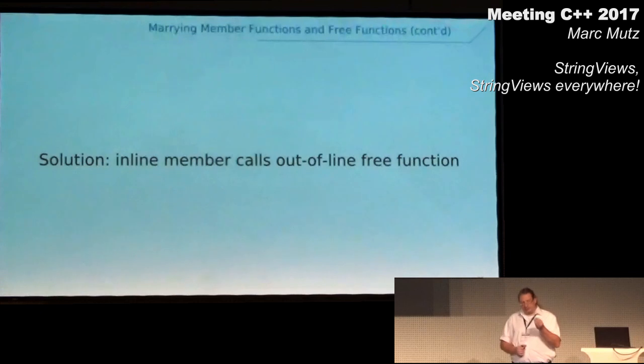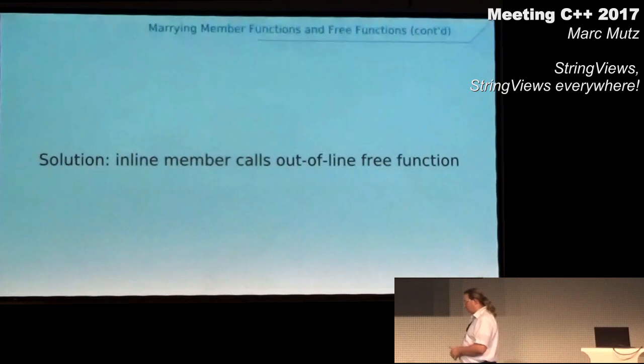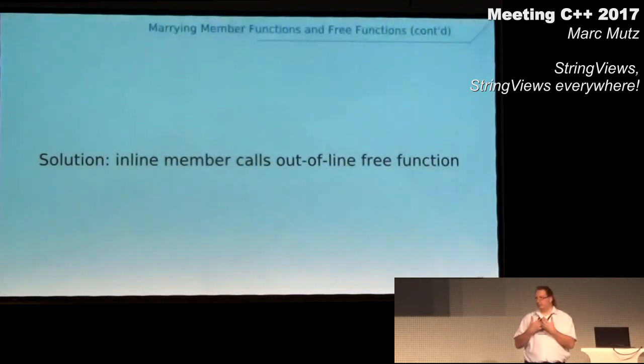So the solution is to inline the member calls. The inline member function calls out-of-line free functions. So you duplicate the API, at least the out-of-line part, in a private detail namespace. And there you take the string view by value, and the member functions just delegate to that function. And then you have the best of both worlds. You have the member function for people to remember from standard string or QString and type. And the compiler inlines this.